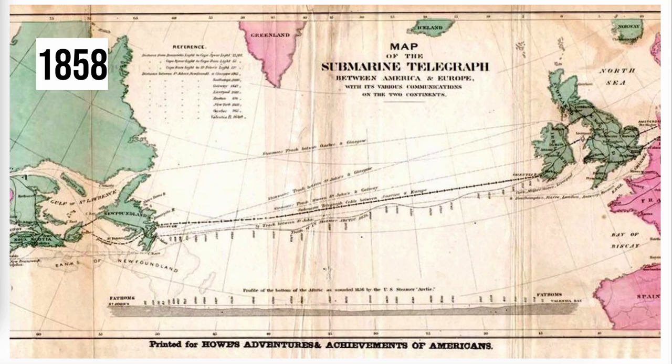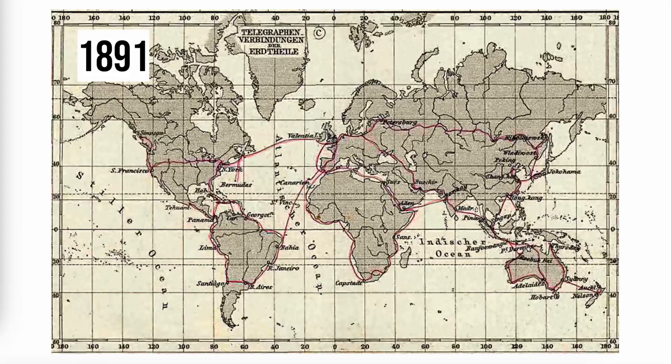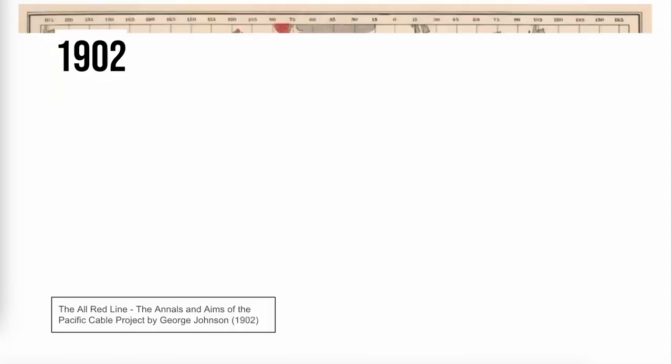It actually failed after only 3 weeks in service, but it did prove that communications could be sent via cables over such massive distances and underwater. So there was a lot of optimism from this point onwards. And roughly 30 years later, here is a map of major telegraph lines in 1891 all across the world. So you can see it really did spread globally very quickly.